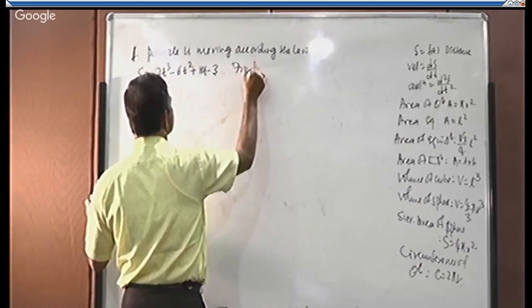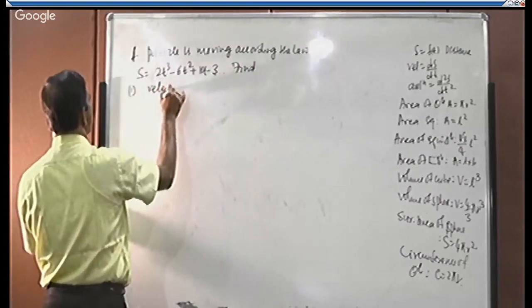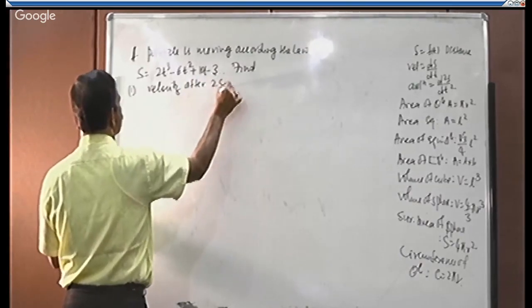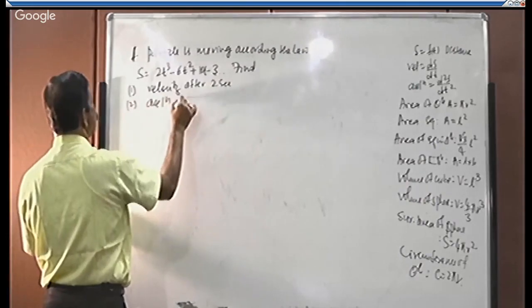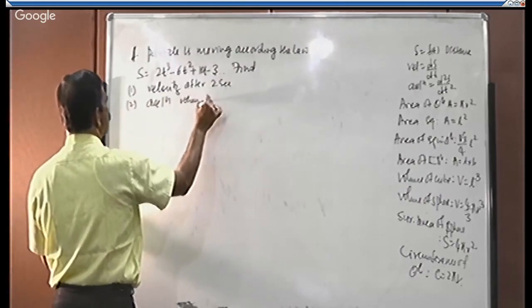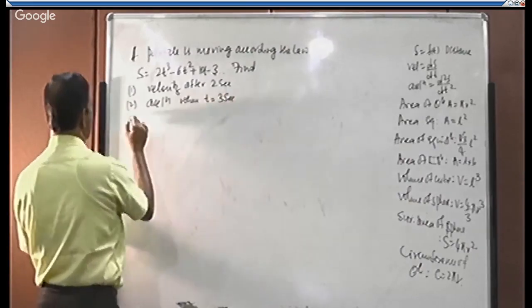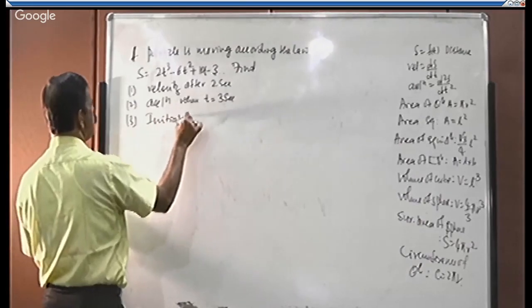Find number 1, velocity after 2 seconds. Number 2, acceleration when t is equal to 3 seconds. Number 3, initial velocity.